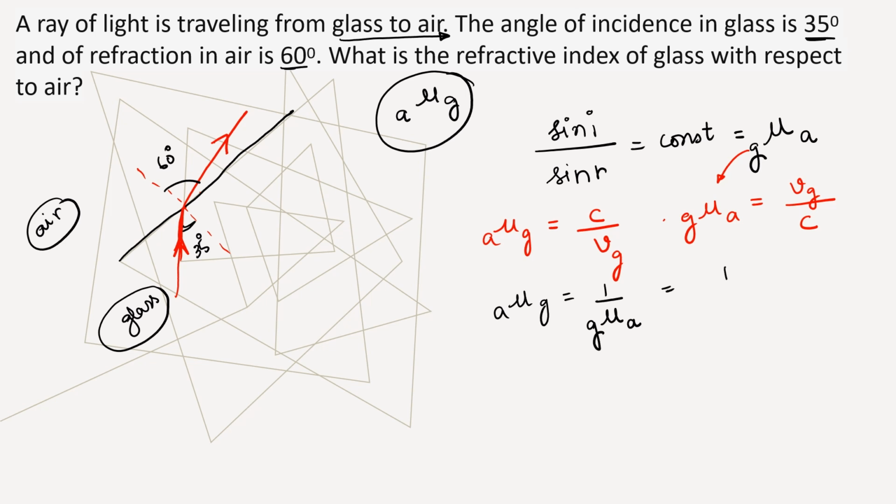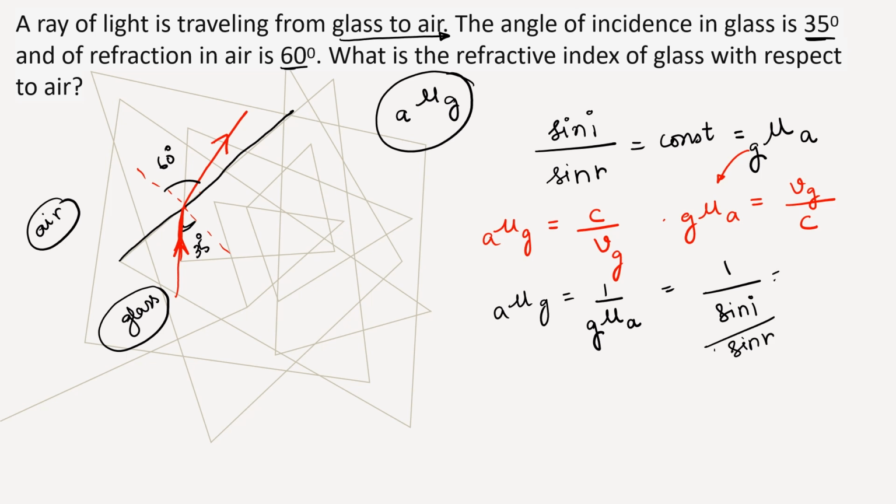So what is this? Sin I by sin r. Hope you are getting it. Or let me write one more step for you. 1 by sin I by sin r.